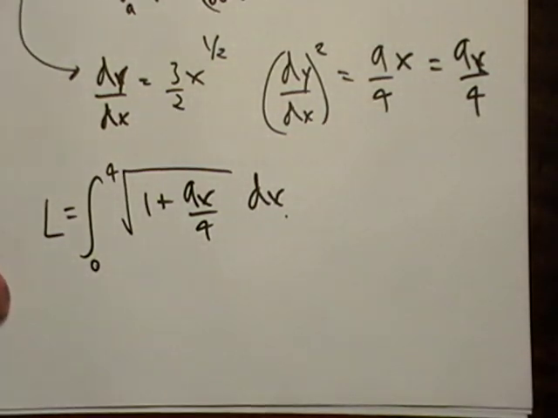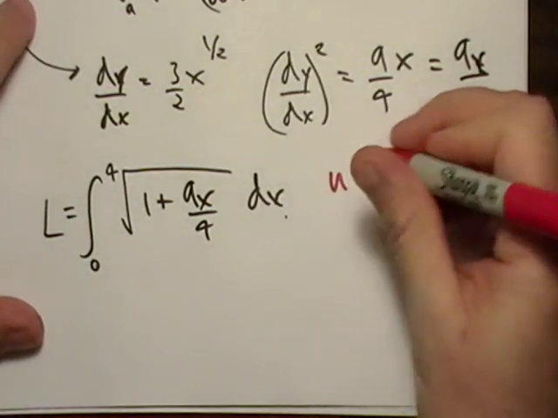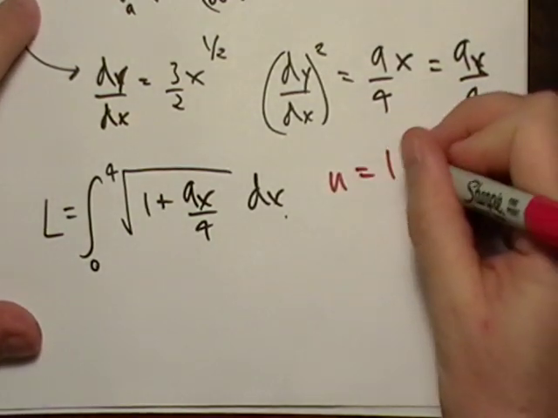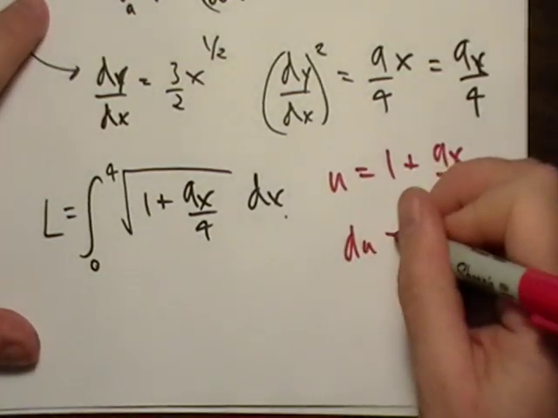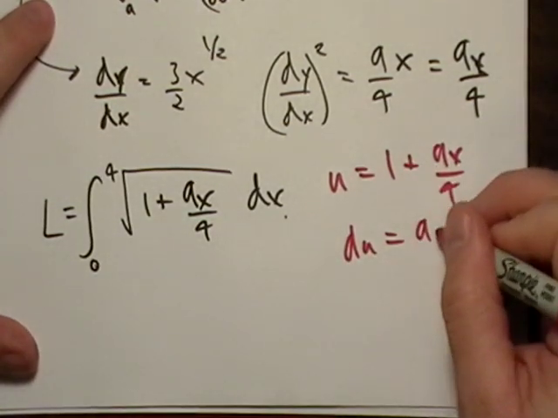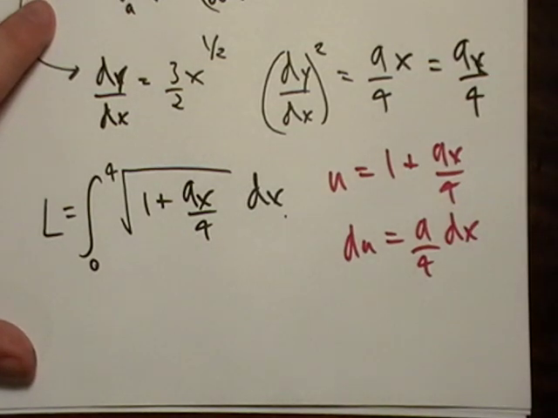Okay, actually this one doesn't look like it'll be too bad. So let me just go ahead and do a U-substitution for the whole thing. That'll be u equals 1 plus 9x over 4. du will just equal what? 9/4 dx.